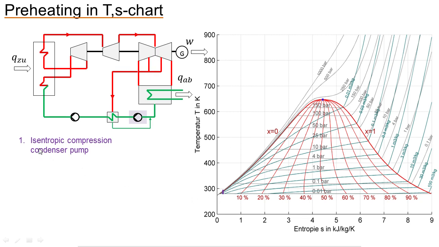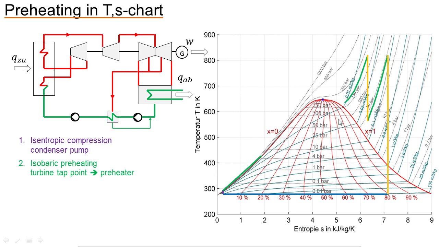This is the isentropic compression of the condenser pump here, and you can now preheat your water here. This energy has not to be burned. You don't need to burn coal or split atoms to heat the water up here. You use it from your turbine here.